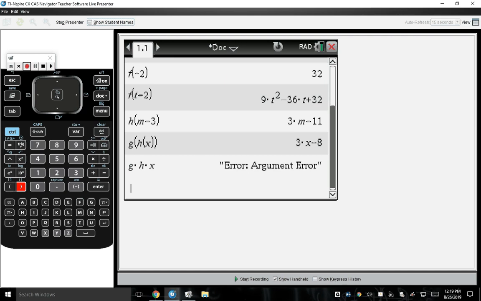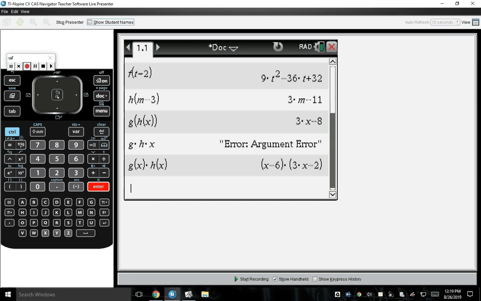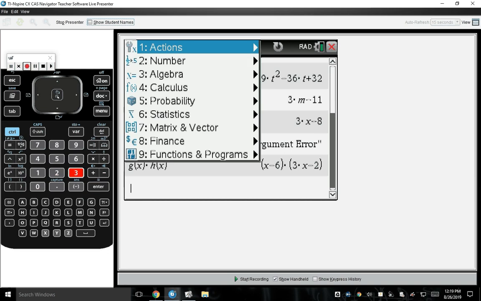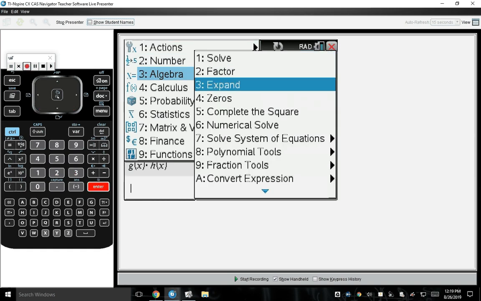As Emily said before, we have to show this as g of x times h of x from those laws that we know of this notation. Now look, it doesn't necessarily expand everything out to your final answer, but we can get that here in just a bit. What I'm going to do from here is press menu, 3, expand.